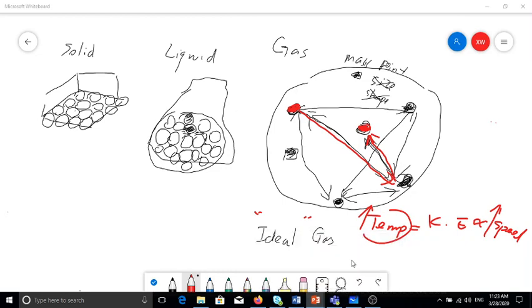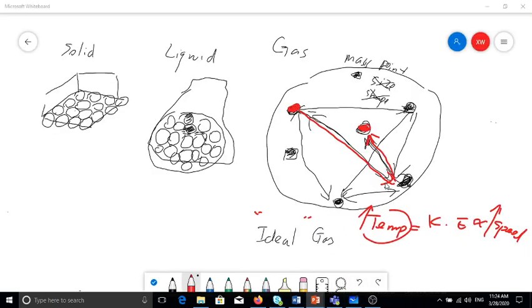At lower pressure, it's because lower pressure means there's going to be a longer distance, or more freedom, that these molecules can travel inside the container.